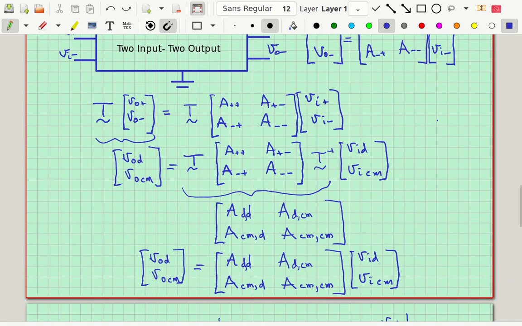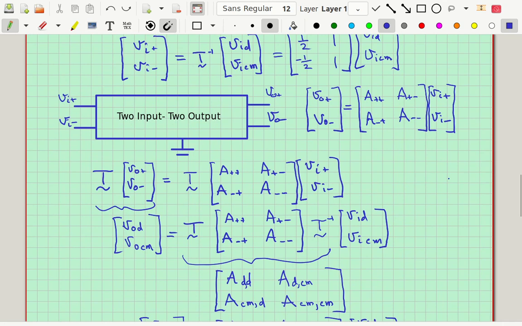Notice that I would like a V out differential and V out common mode on there. So what I can do is multiply by the T matrix on the left, and if I do it on the left hand side, I have to do it on the right hand side. But I still have this matrix, which is in terms of the individual voltages on the input.